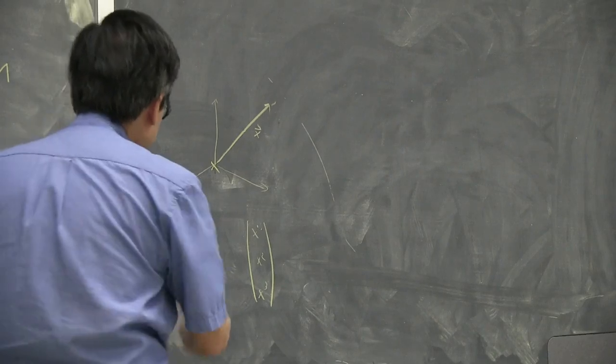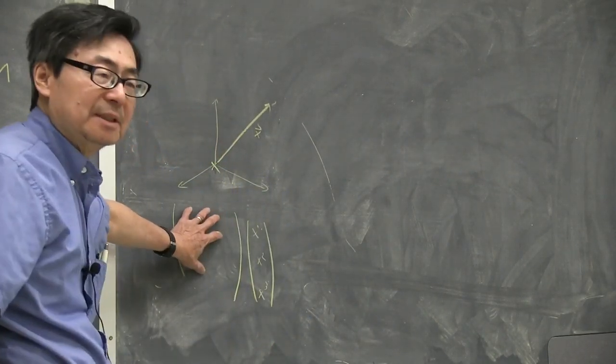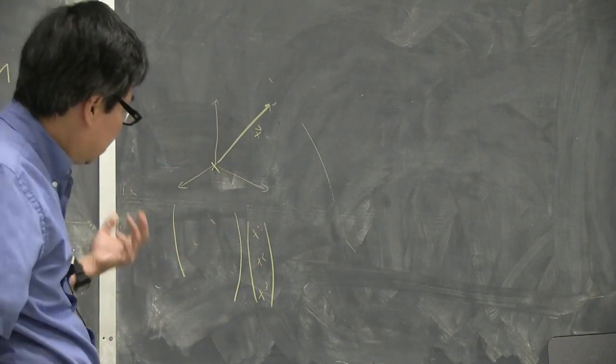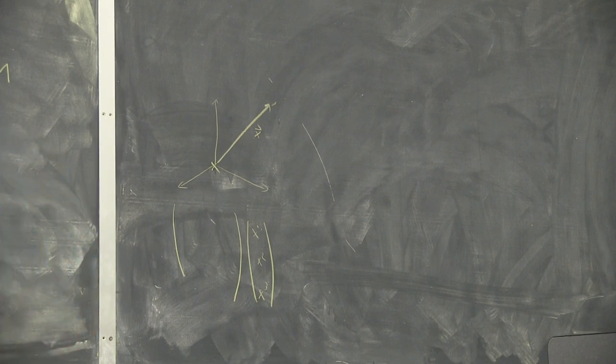And so your SO3 matrix, which is a special orthogonal matrix, can then be thought of as some operator that acts on this 3 vector to give you what? To give you another vector which is also of the same length as the original vector, okay?